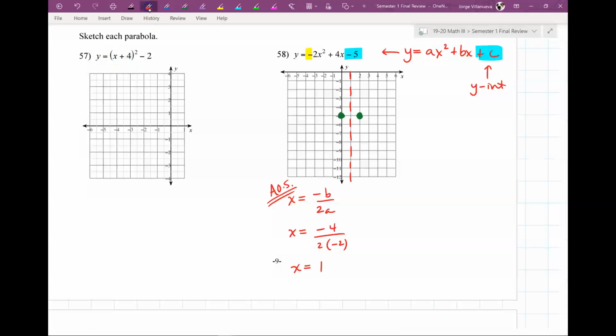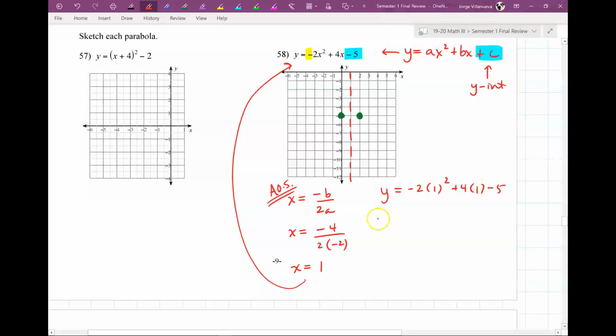So let's take the axis of symmetry that I just found, and I'm going to plug it into that equation right there. So it's y equals -2 times 1 squared plus 4 times 1 minus 5. If I work this out, this is -2 plus 4 minus 5, which is -3.